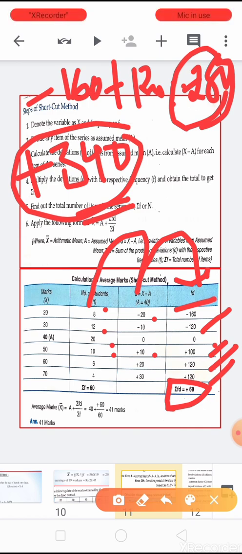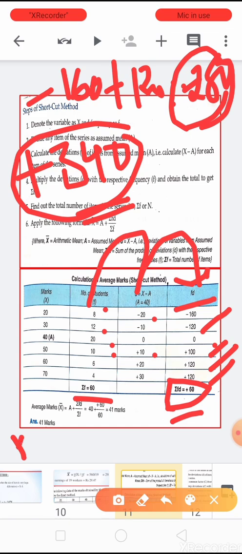You must all know that the positive value is greater than the negative value. So when you sum, the negative value is deducted from the positive value, and we will get the value of sigma fd, that is 60. This is how we calculate sigma fd and the summation of sigma f. Now we need to calculate the average marks.